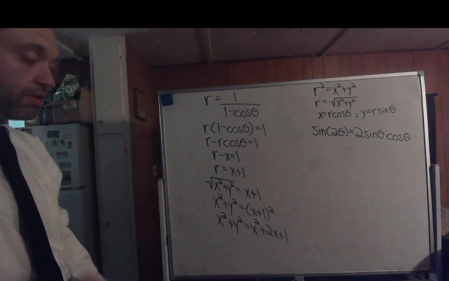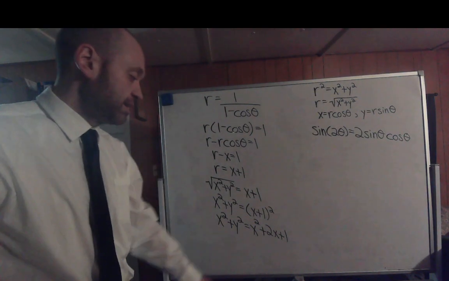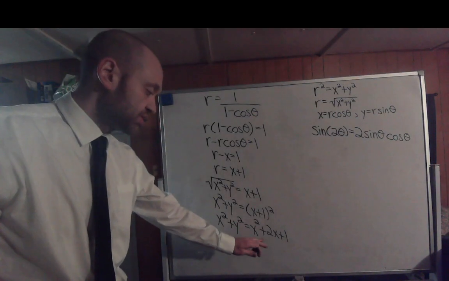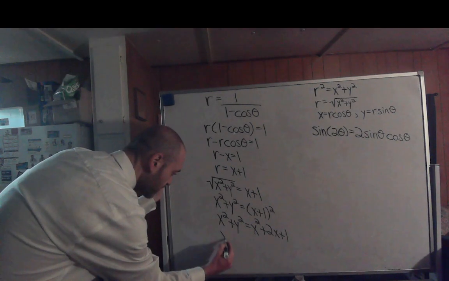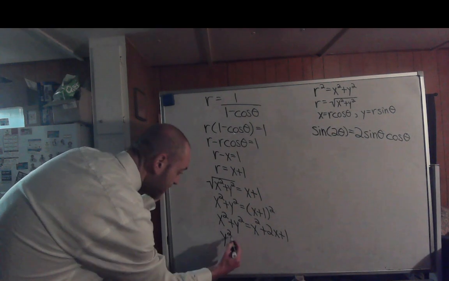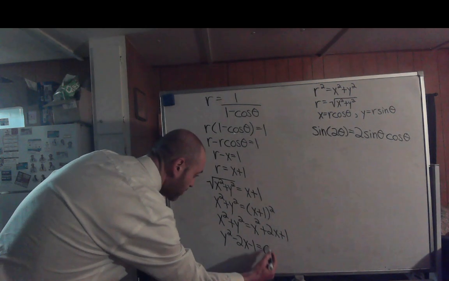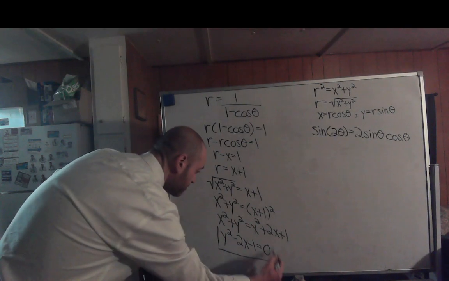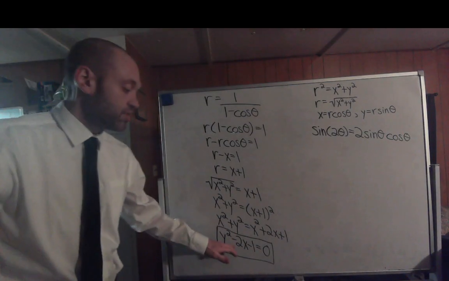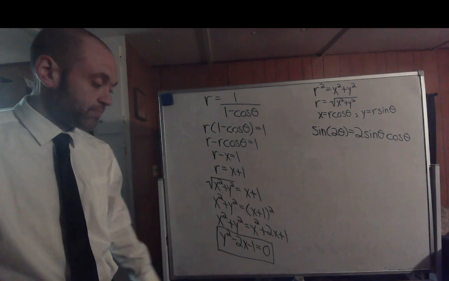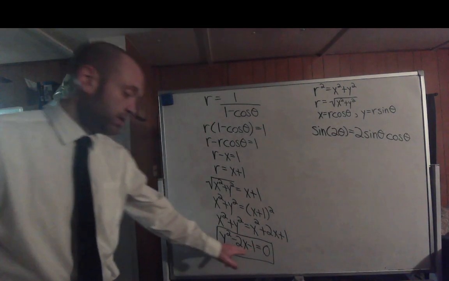Ultimately, to get this in standard form, we want to make the right-hand side equal to 0. So subtracting x squared from both sides, that just leaves y squared by itself over here, minus 2x minus 1 equals 0. And that would be the final answer for this equation in rectangular form: y squared minus 2x minus 1 equals 0.